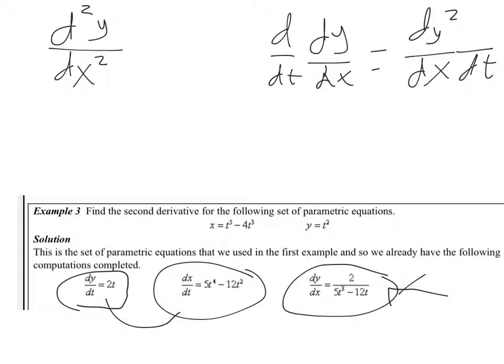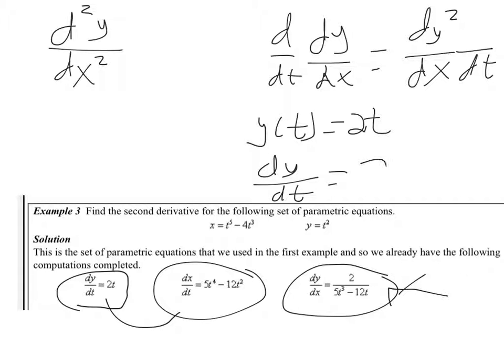That may sound a little bit confusing, but think about it this way. Let's say you had a function y of t equals 2t, and you wanted to take the derivative of it, right? So you'd have dy over dt equals 2.